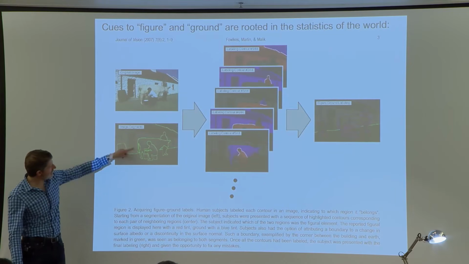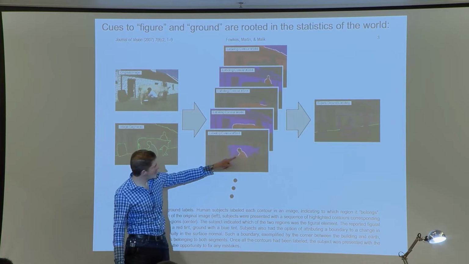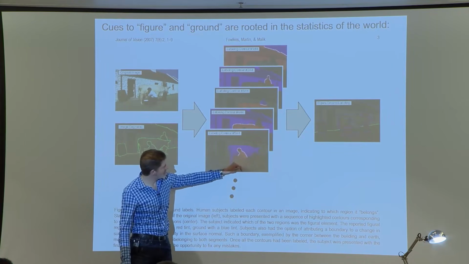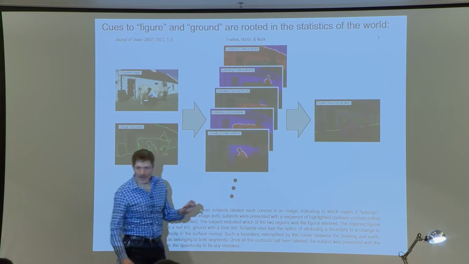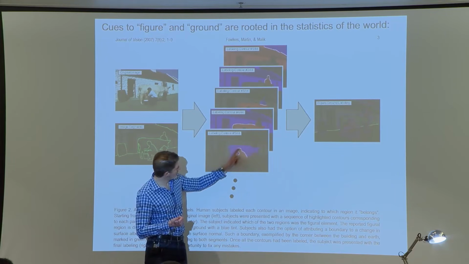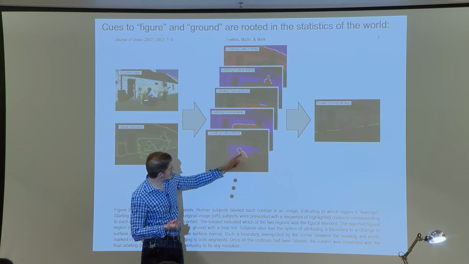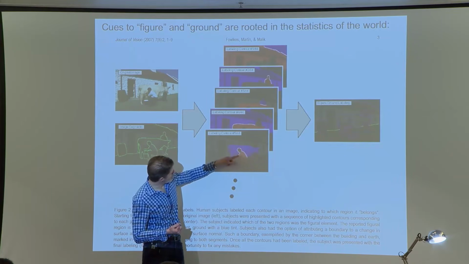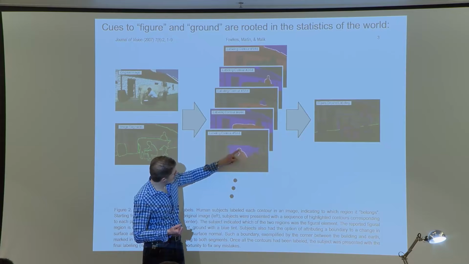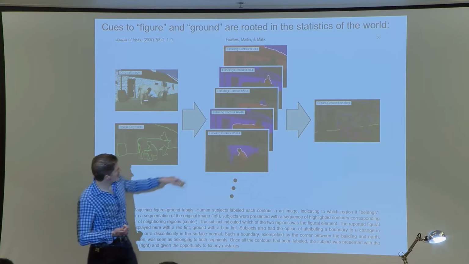So you find all of these edges, and then you get humans to label the sections of edges that correspond to a figure, okay? Like in this particular case, there's a person, right? And so that boundary is the boundary of the person, and so you have a way of labeling which side of the contour is the figure and which side is the ground, right?